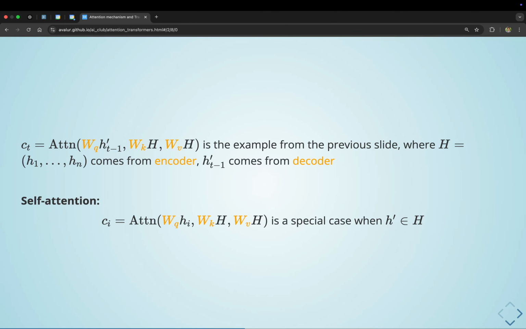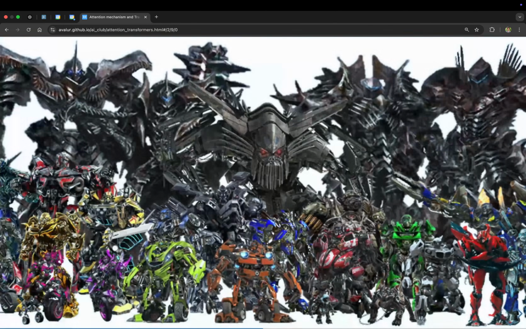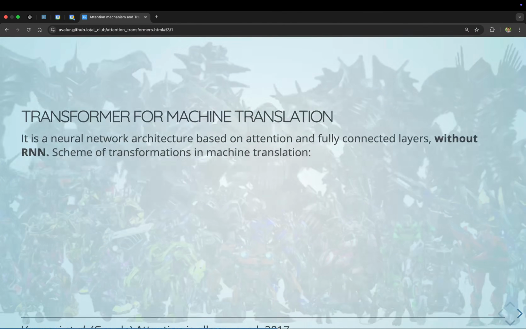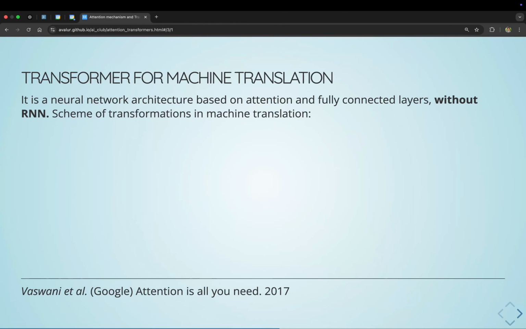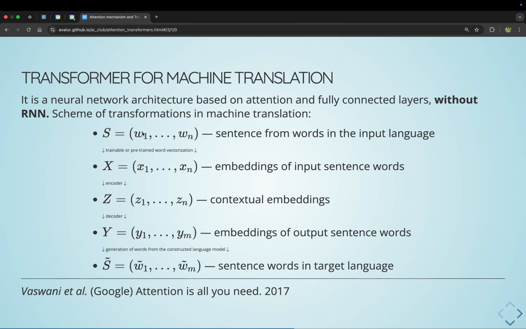Okay, and what is transformer model? Actually, if we use the attention, we can train the neural network without any recurrence inside at all. So we look at the input of the model.